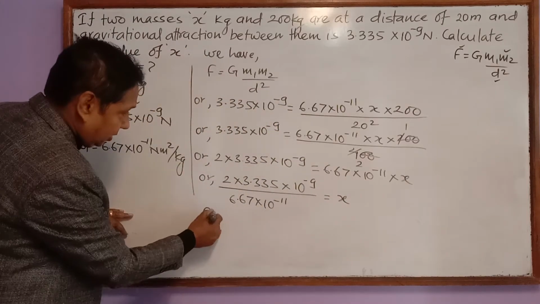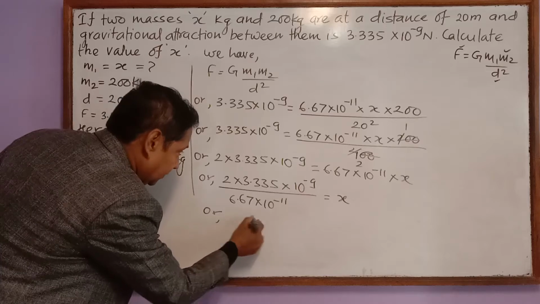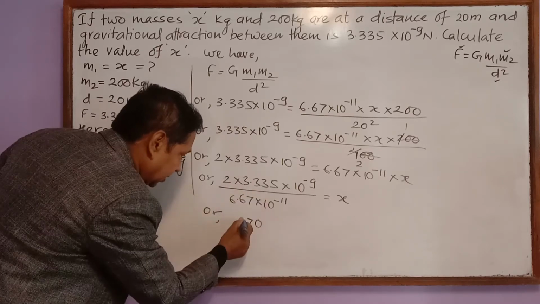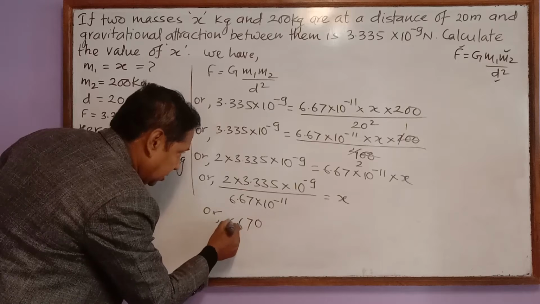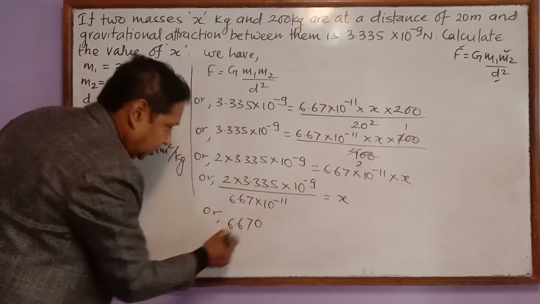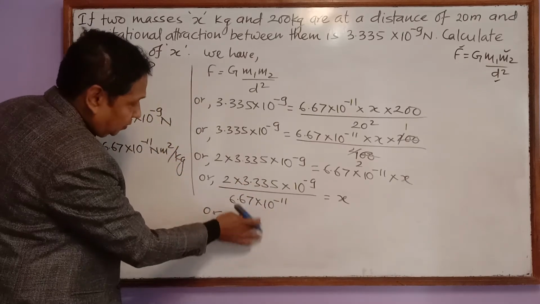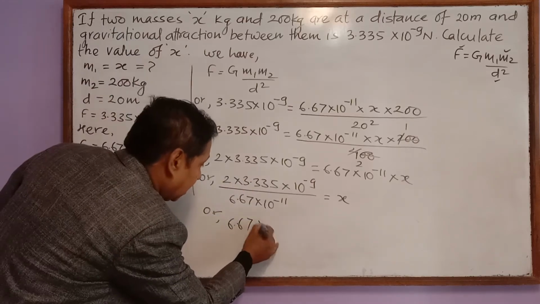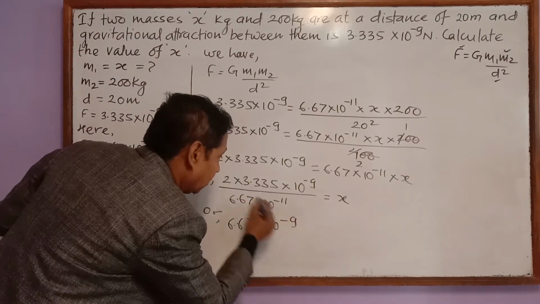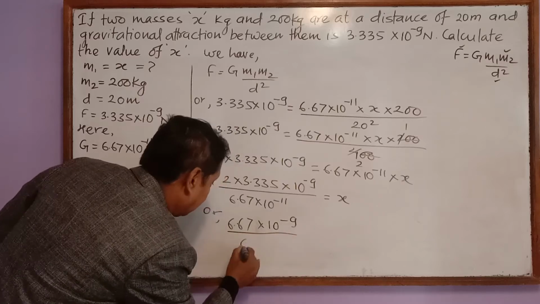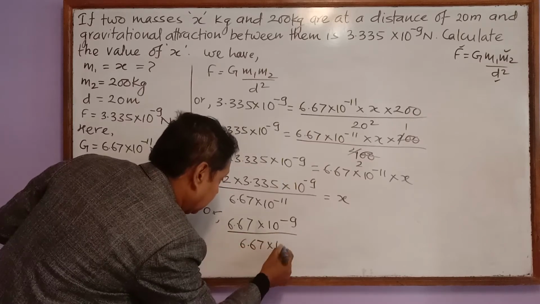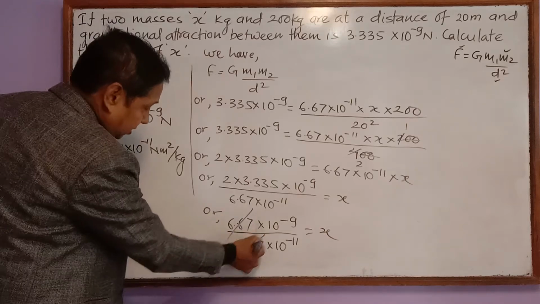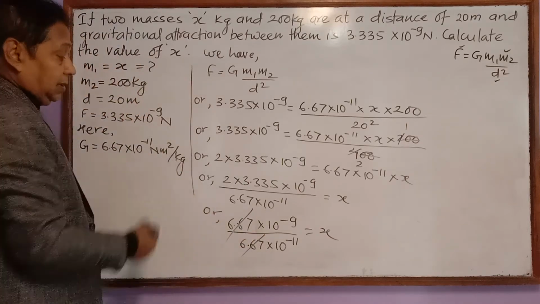Now we can multiply. 2 into 3.335 is 6.670, and you can use calculator. So 6.67 into 10 to the power minus 9 upon 6.67 into 10 to the power minus 11 is equal to x. Now 6.67 and 6.67 cancel each other.